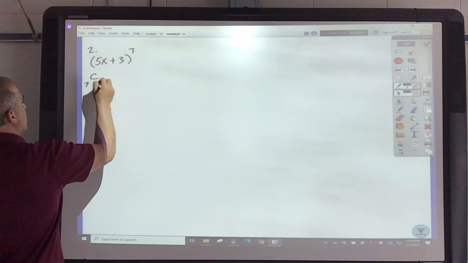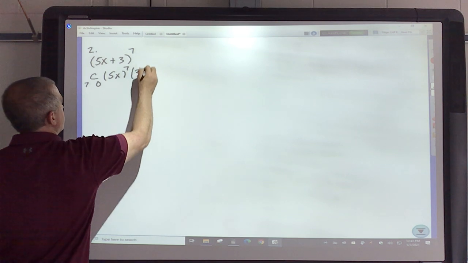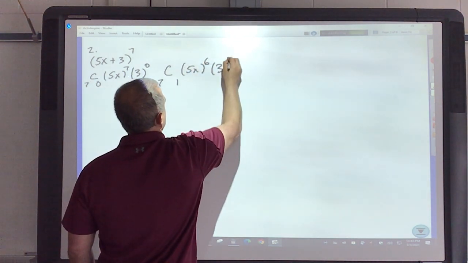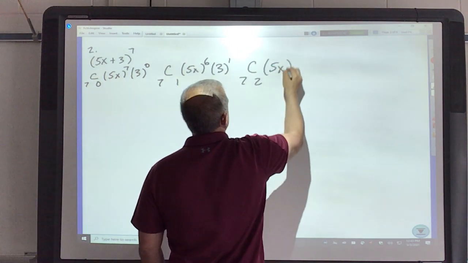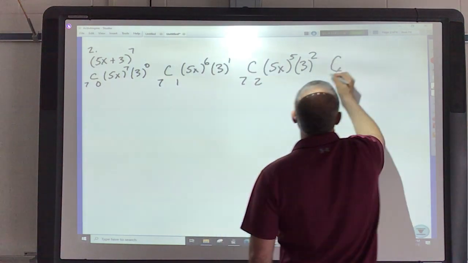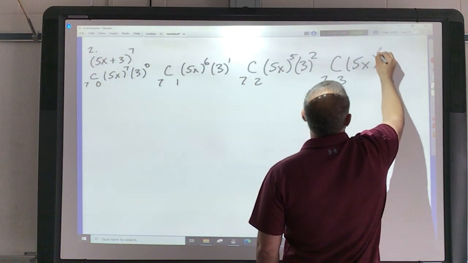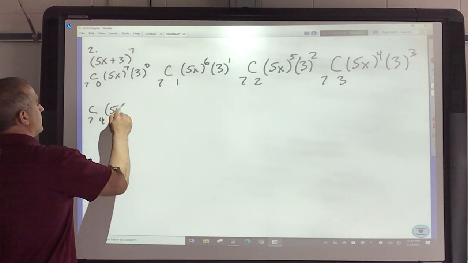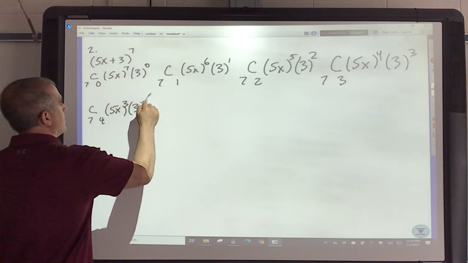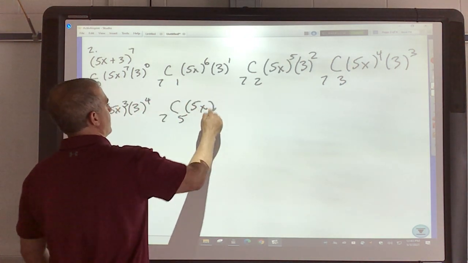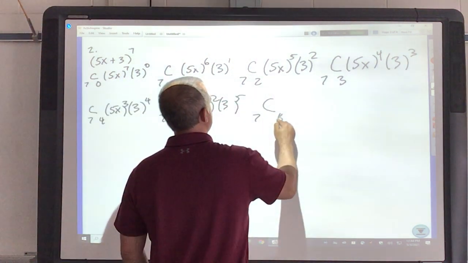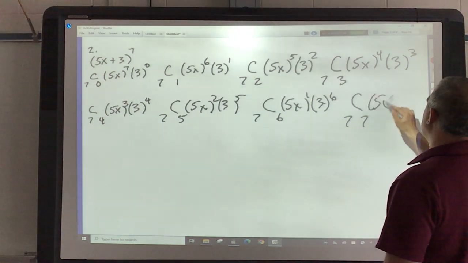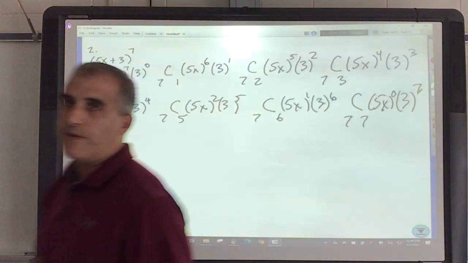I'm going to start with 7 choose 0 of (5x)^7 3^0, then 7 choose 1, (5x)^6 3^1, then 7 choose 2, (5x)^5 3^2, then 7 choose 3, (5x)^4 3^3, then 7 choose 4, (5x)^3 3^4, then 7 choose 5, (5x)^2 3^5, then 7 choose 6, (5x)^1 3^6, then 7 choose 7, (5x)^0 3^7. So that's what that would look like expanded out.